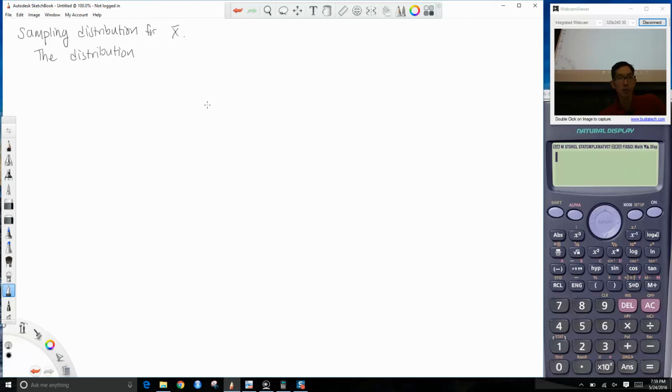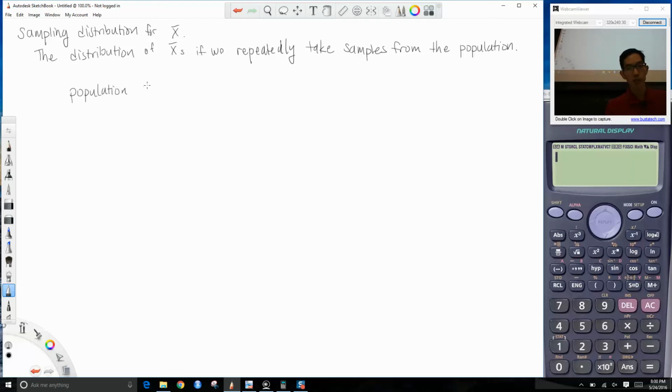So this is the distribution of x bars if we repeatedly take samples from the population. The idea here is, we have a population, like a tub of candy.